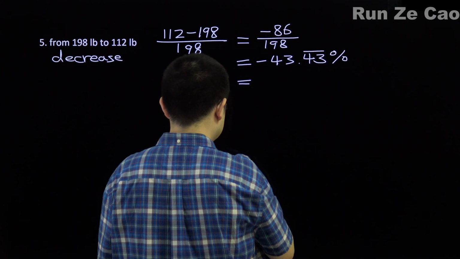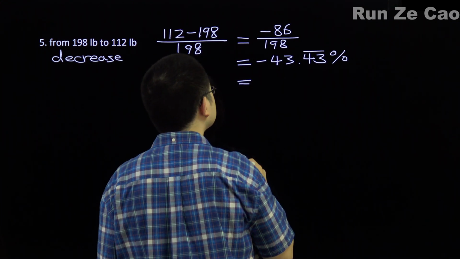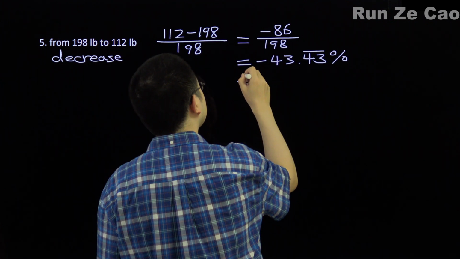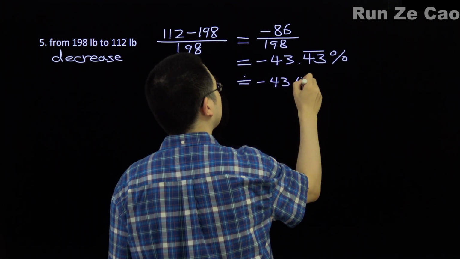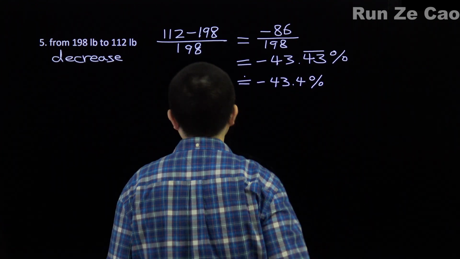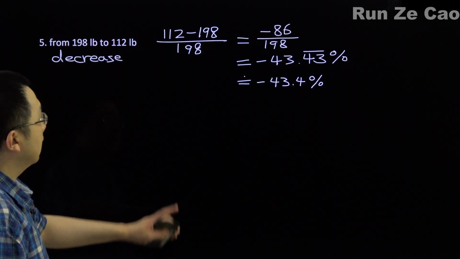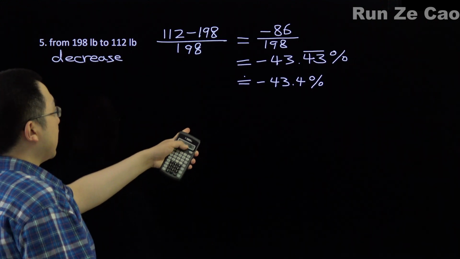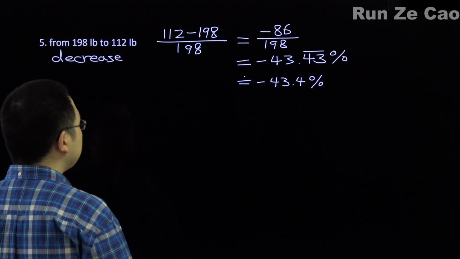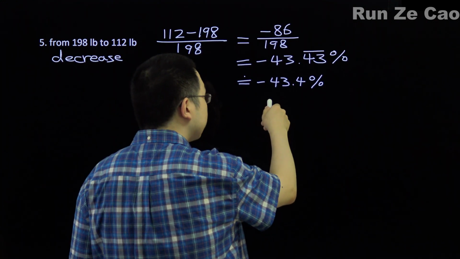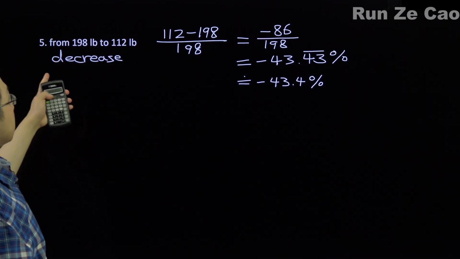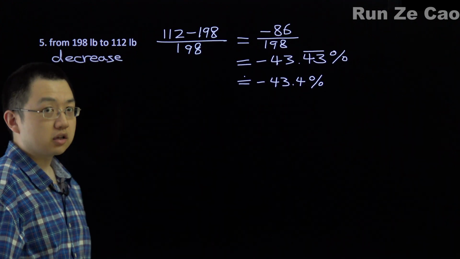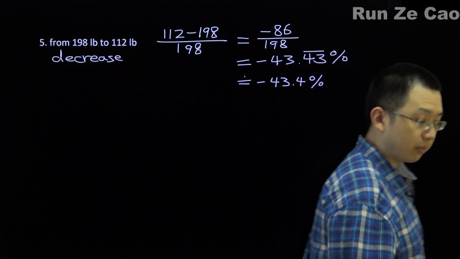So that is equal to approximately negative 43.4%. So our statement would be the percent change is approximately negative 43.4%. The percent decrease, though, is approximately 43.4%.